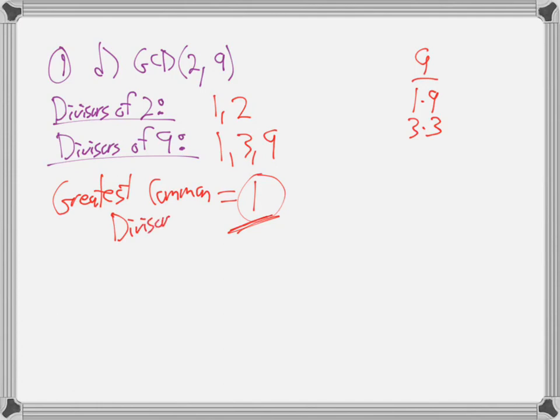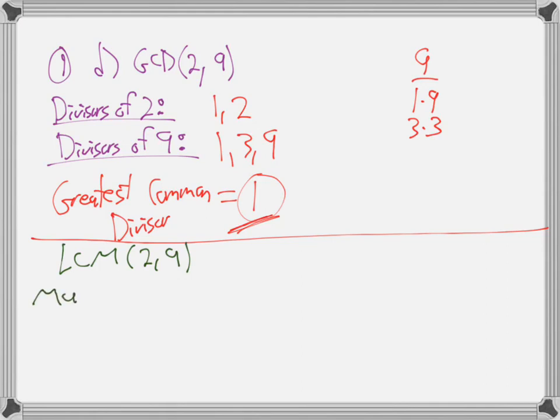Let's do the LCM for them now. So let's do the second part of D, and let's find the LCM for 2 and 9. That means list the multiples of 2, and then below it list the multiples of 9, until you find a number they have in common.